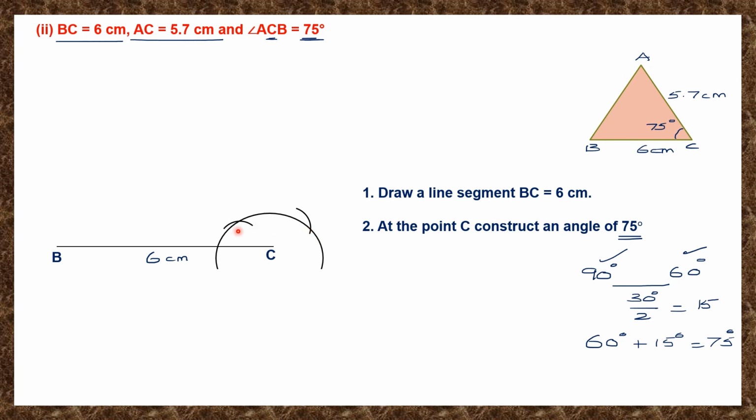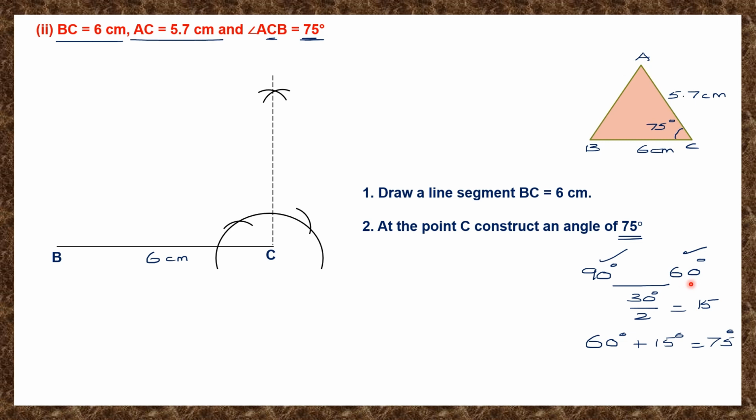Now, keeping it on the 60-degree point and the 120-degree point, cut two arcs straight up. Remember, we're constructing 90 degrees first. So we need a straight angle here. So we have one arc, we have one more arc. Now draw a line from C to that point. So here we've got 90 degrees. So remember, first step is 90 degrees.